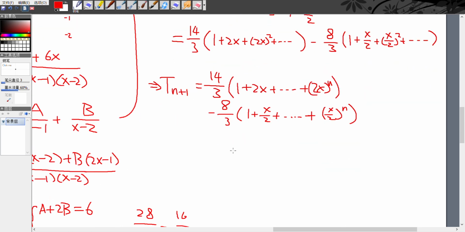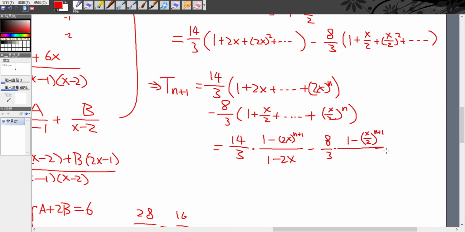And next we have 14 over 3, and we use the summation for the first n plus 1 terms of a geometric progression. We will have (1 minus (2x) to the n plus 1) over (1 minus 2x), minus 8 over 3 times (1 minus (x over 2) to the n plus 1) divided by (1 minus x over 2).